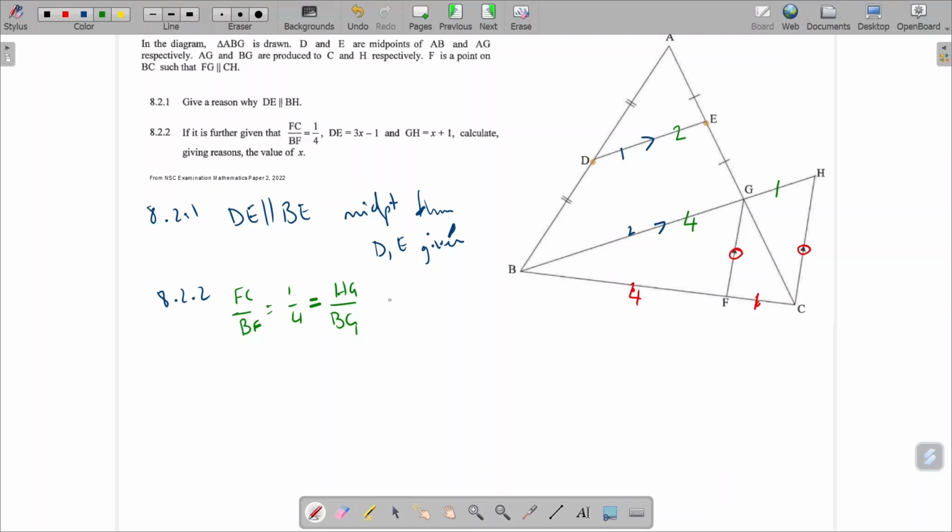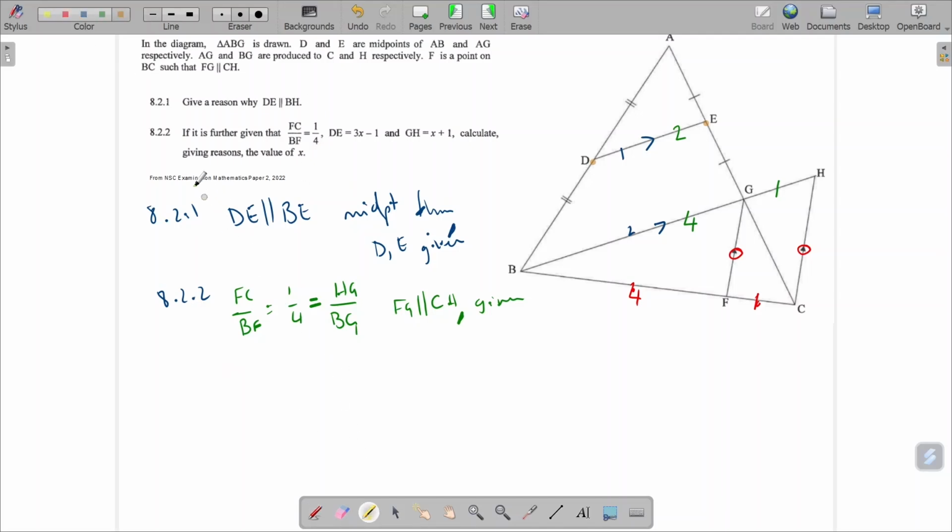So because we've got that FG is parallel to CH, given. So we now know that, we know that HG is given to us.